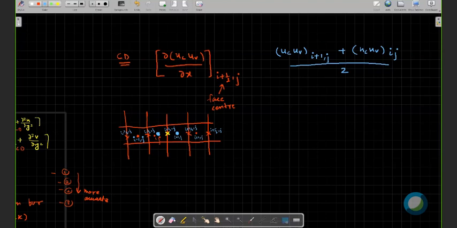I'm sorry. We have to take the forward difference, right? We are using forward difference actually, so minus of delta x.